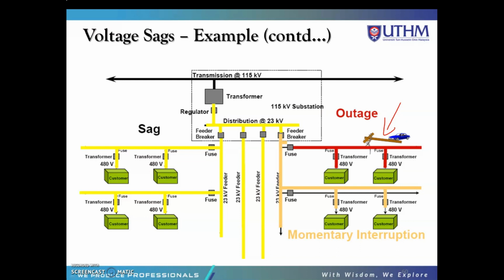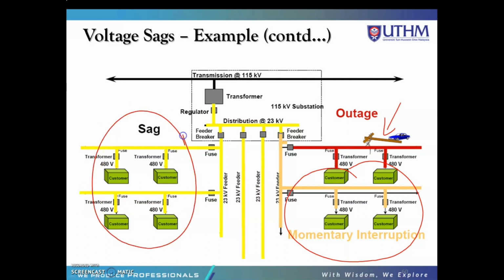First we have to understand the difference between an interruption and a voltage sag. This will be a momentary interruption. An interruption is a complete loss of voltage, whereas a voltage sag is when the voltage drops below 90% of nominal.